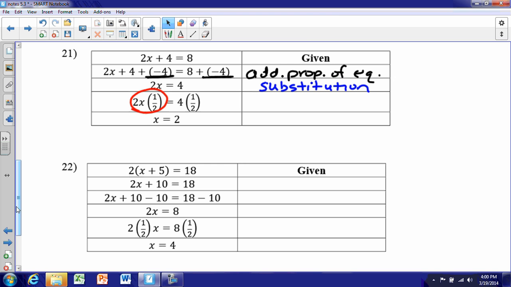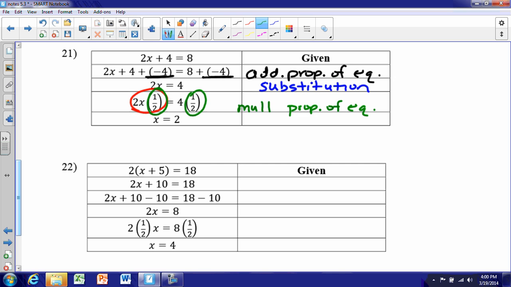But because they multiplied by 1/2 on both sides, remember, anytime you do something on both sides, that's a property of equality. This one is the multiplication property of equality, because they multiplied on both sides. And the last step, again, it looks like they actually did the multiplication and the simplifying, and so that would be substitution.